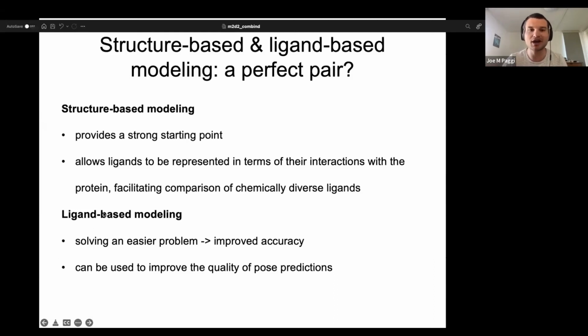And then from the other side, the ligand-based modeling, I think it's fair to say, is effectively solving an easier problem, one of pattern recognition versus physical predictions. So we can often get improved accuracy. But in addition, interestingly, this information can improve the quality of the structural models that you use in structure-based modeling.